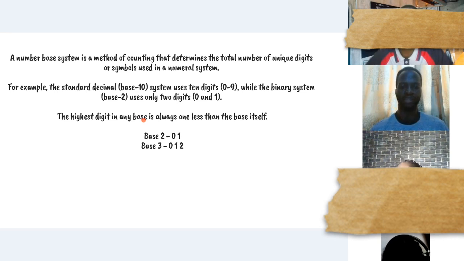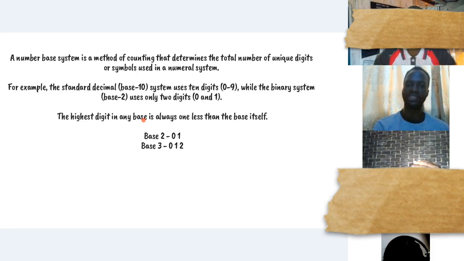So you can see that the highest digit in base 3 is 2, which is one short of the base number. The base number is 3, but the highest digit is 2. So the highest digit is simply one short of the base number.